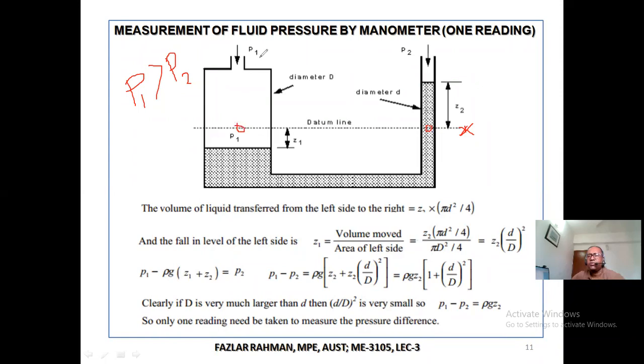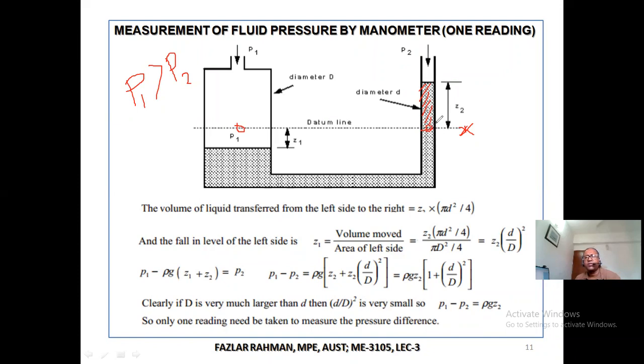But due to the increase of pressure, P1 getting higher than P2, you see some fluid moves to the smaller tank. How much fluid moves? This much fluid moves from the left tank to the right tank.